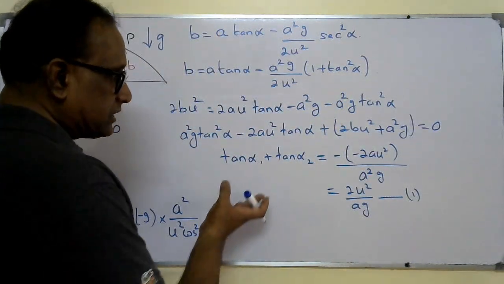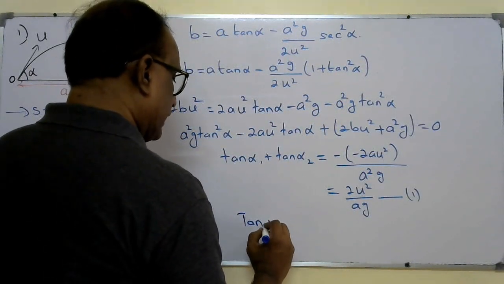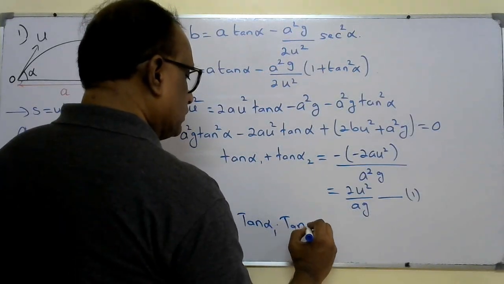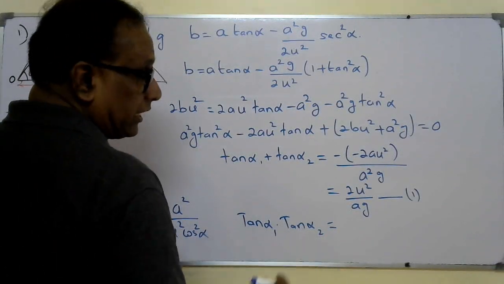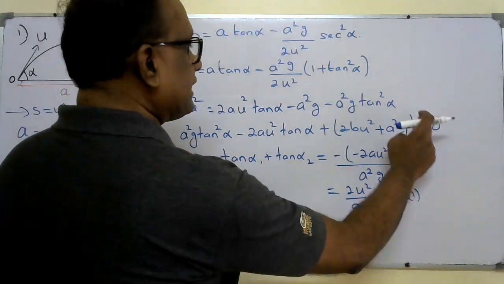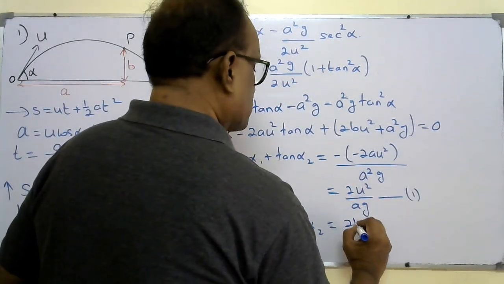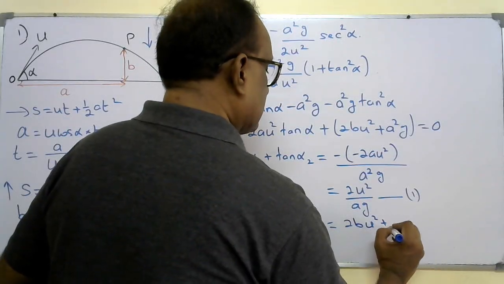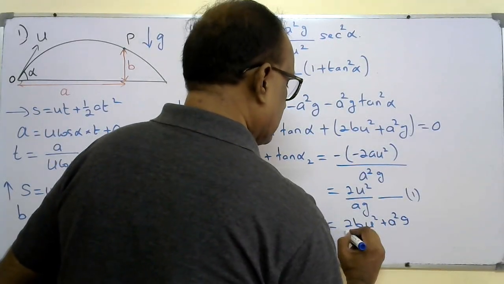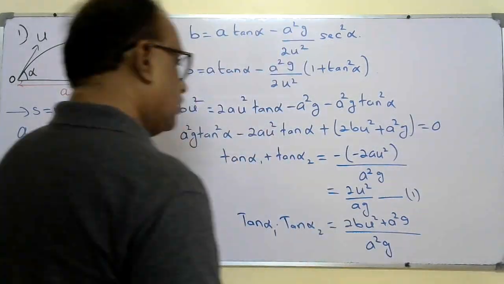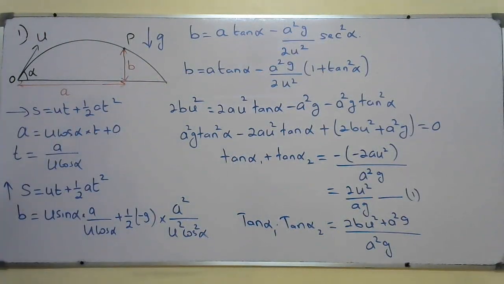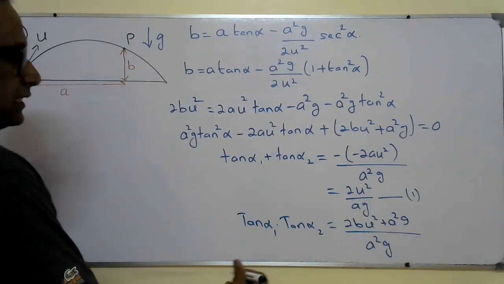So here tan alpha 1 into tan alpha 2 is equal to c over a, where c is 2bu squared plus a squared g, and a is a squared g.